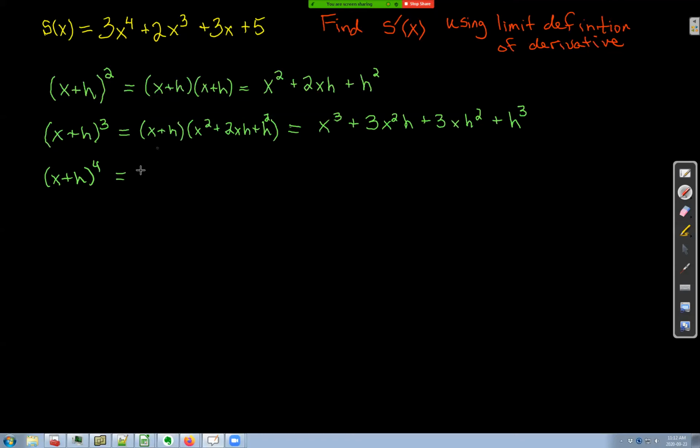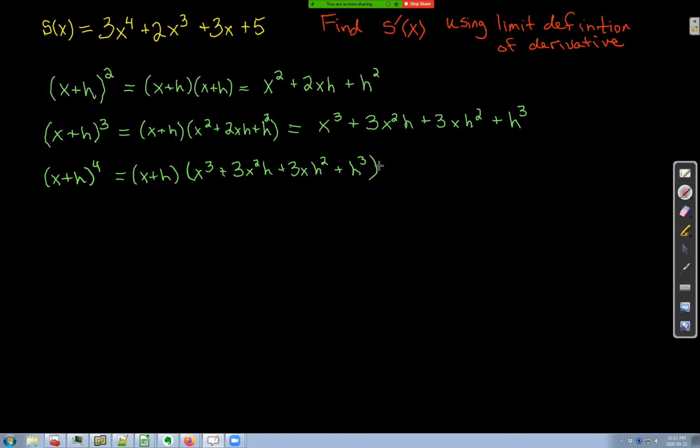So basically you're going to have to do x plus h multiplied by all of this now: x cubed plus 3x squared h plus 3x h squared plus h cubed.